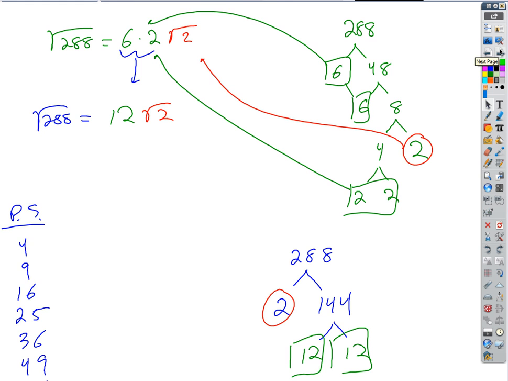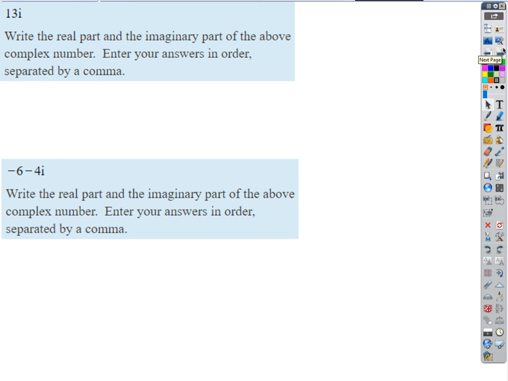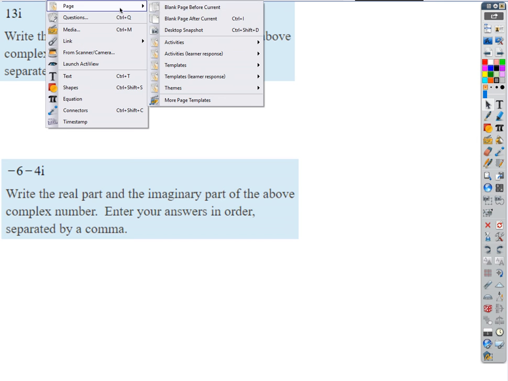So, let's review the I stuff real quick, too, while we're at it. Okay, so remember what we said about complex numbers. Complex numbers have real parts and imaginary parts. Let's do a quick review of the anatomy of a complex number.